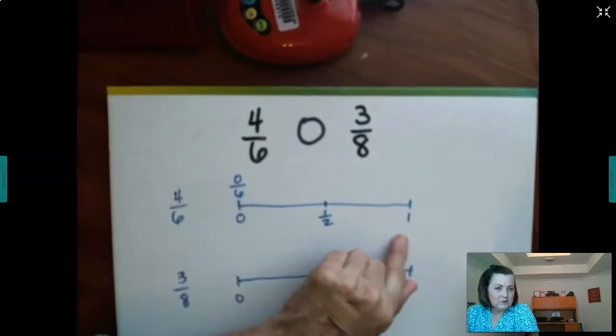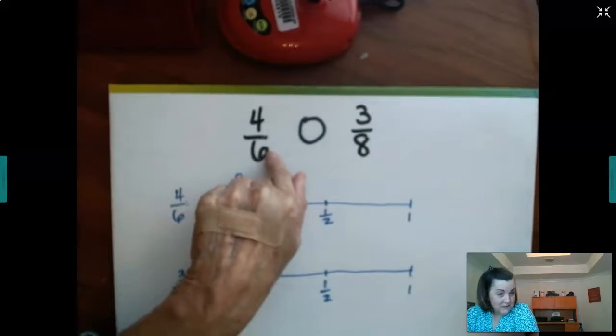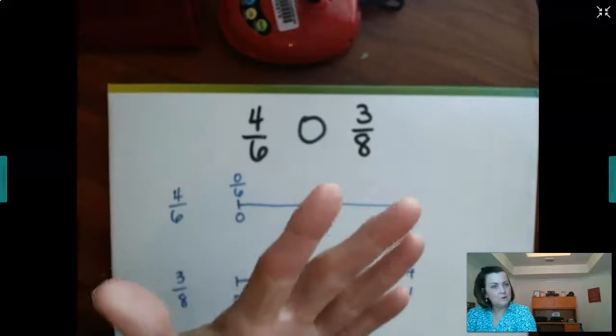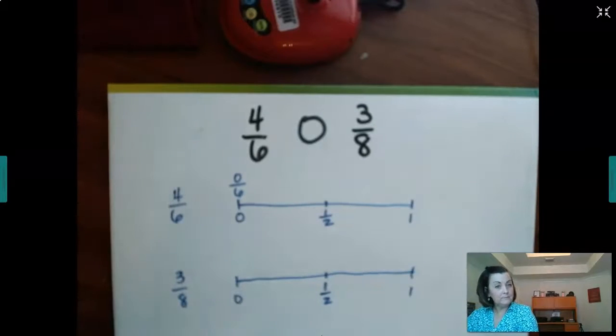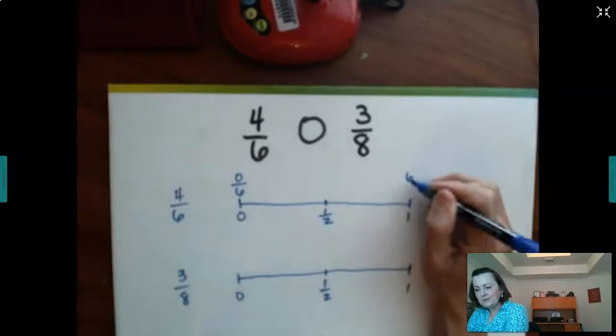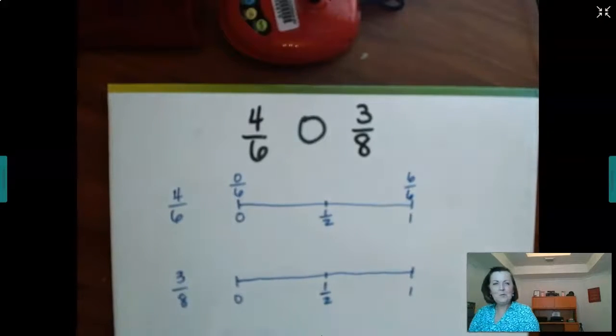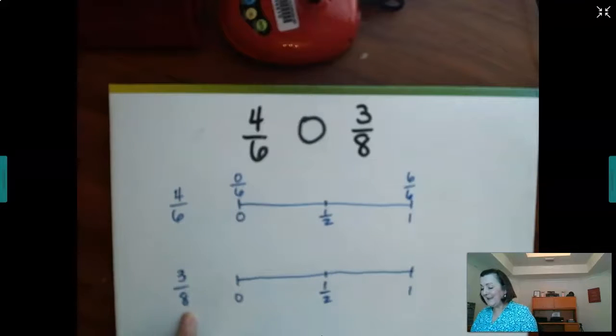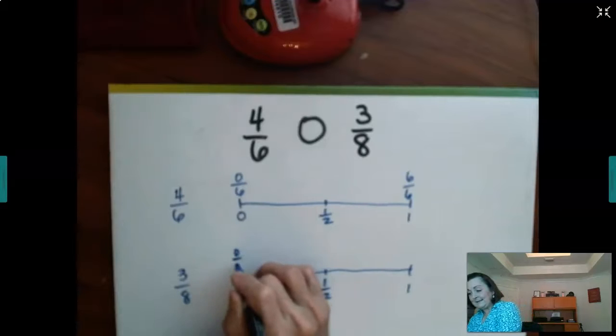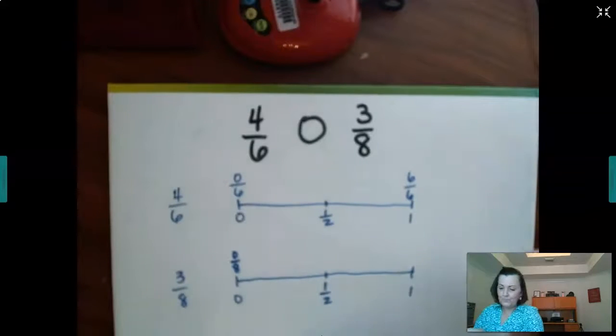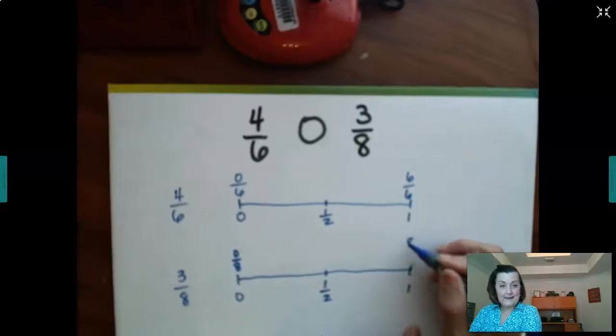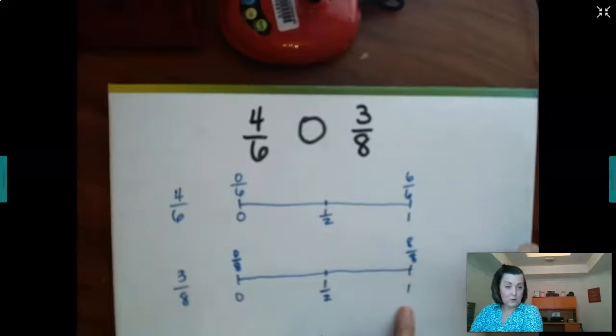What fraction with the denominator of 6 is equivalent to a whole? Well, you have to have 6 out of 6 to make the whole thing. So our fraction is 6/6. We're going to repeat that down here using the denominator of 8. So 0/8 is equivalent to 0. And we know that 8/8 is equivalent to 1 whole.